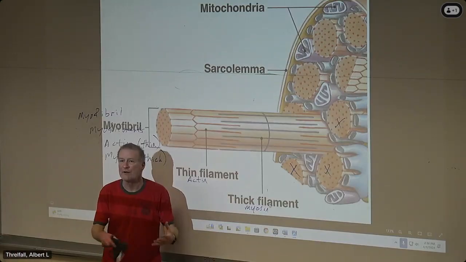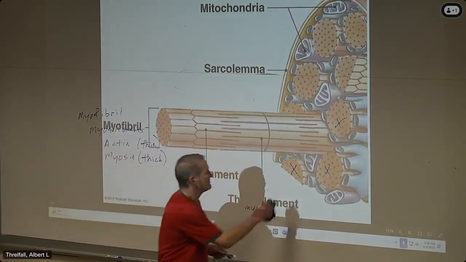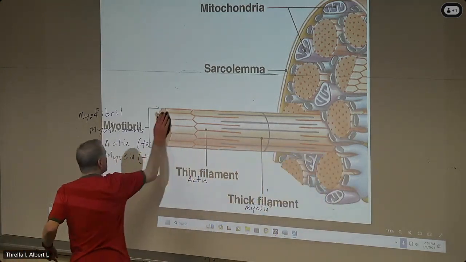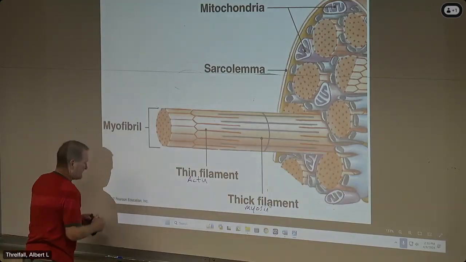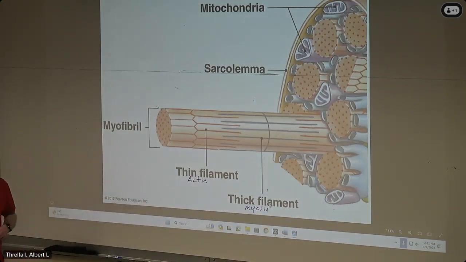Okay, so they could have done a better job with their picture. You'll be happy to know that the myofilaments don't have subunits, at least not in cross section. In longitudinal section, they do.